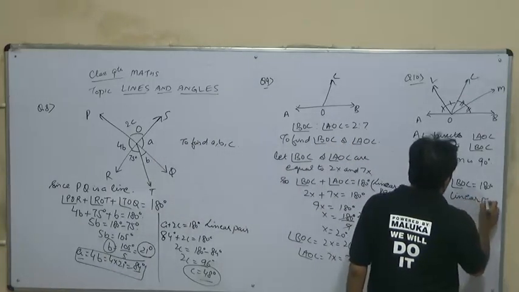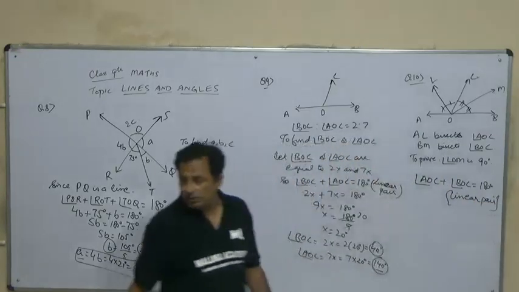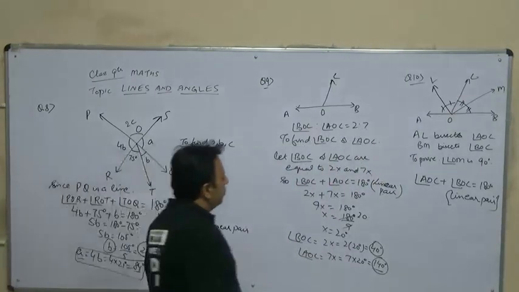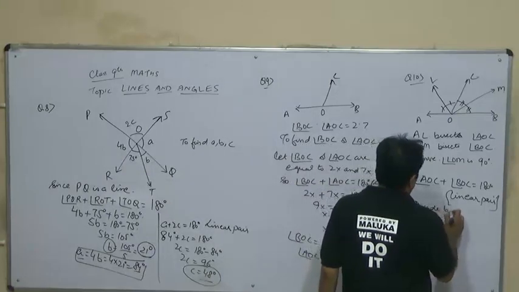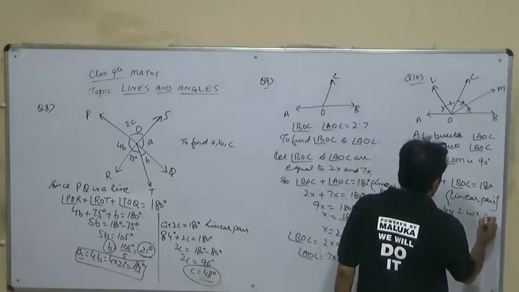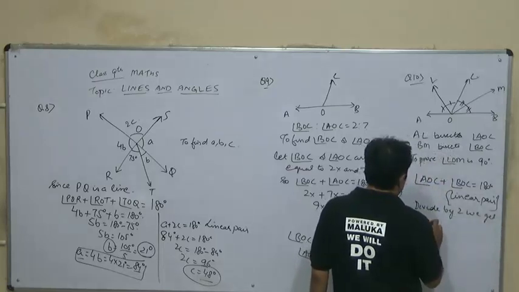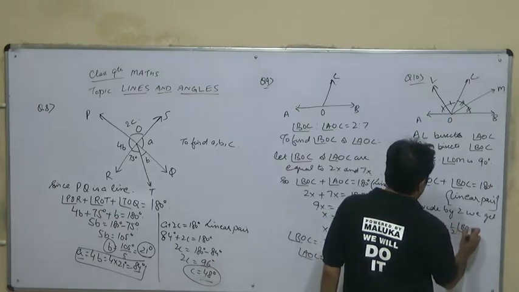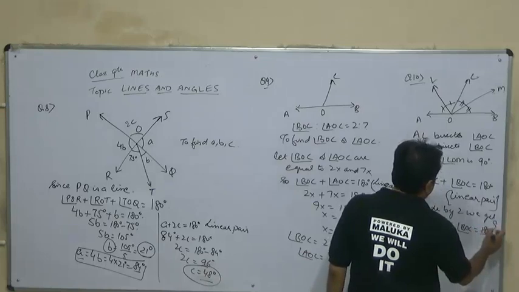If it forms a linear pair, then the sum of the two angles is equal to 180 degrees. Divide by 2, we get half AOC plus half angle BOC is equal to 180 degrees upon 2. So this will be 90 degrees.